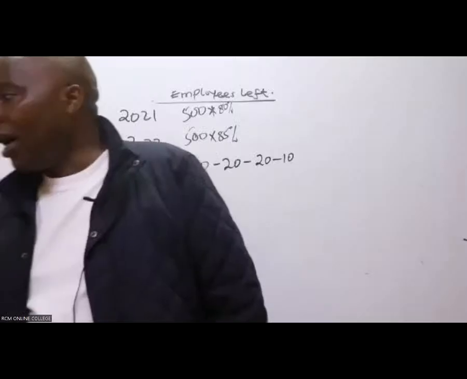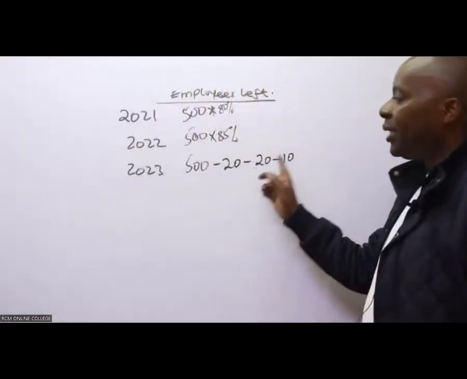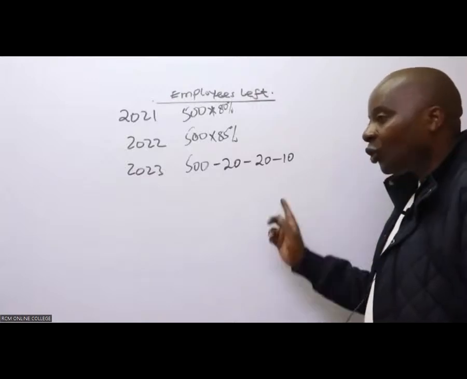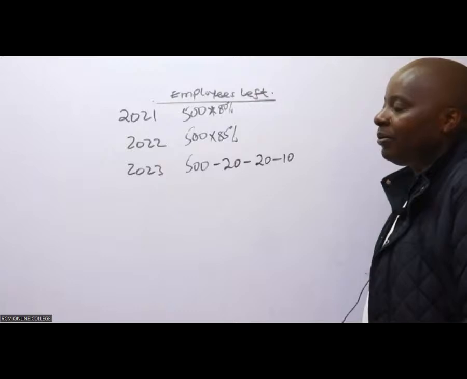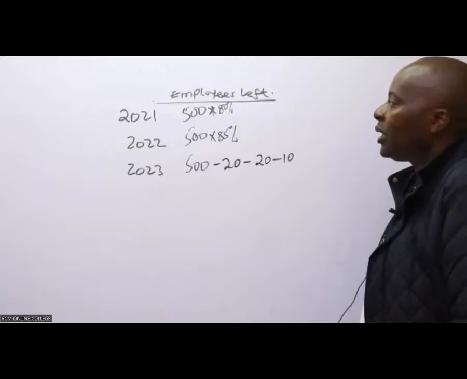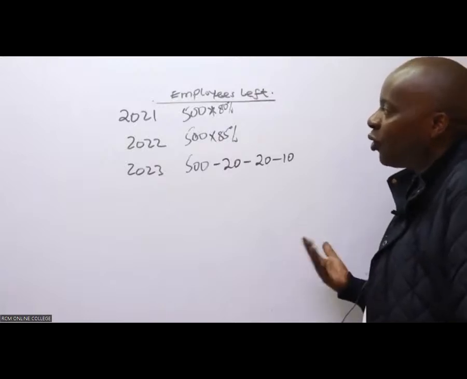So in the last year, we normally make adjustments for the actuals that left in each year. Now, having got the employees who are left, I should be able to know the full obligation.